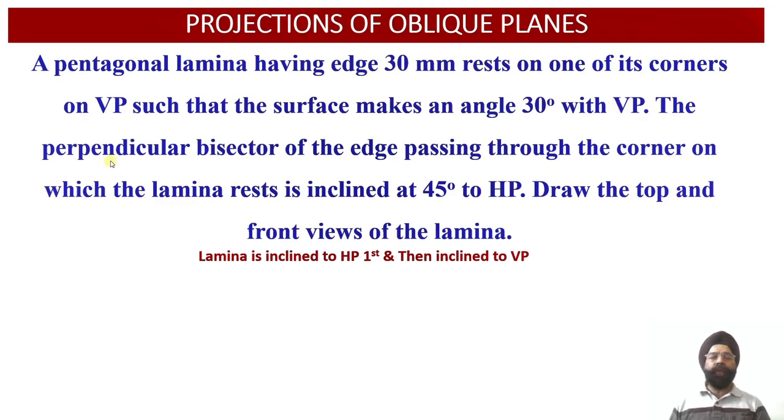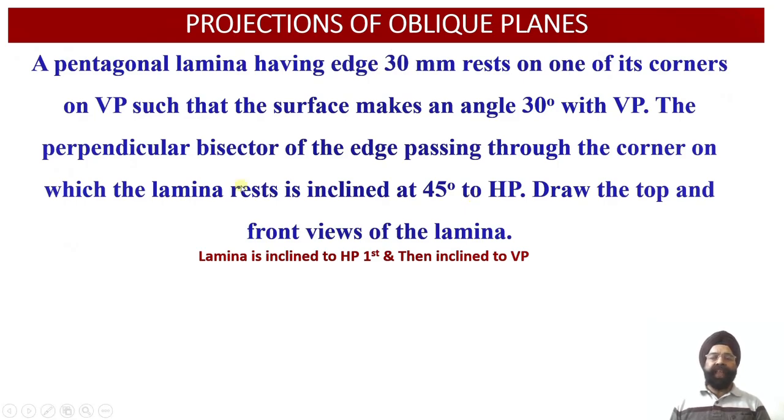Now we are also provided with the information that the perpendicular bisector of the edge passing through the corner on which the lamina is resting is further inclined with respect to the horizontal plane at an angle of 45 degree. So here we have the vertex D of this pentagonal lamina resting on the vertical plane.